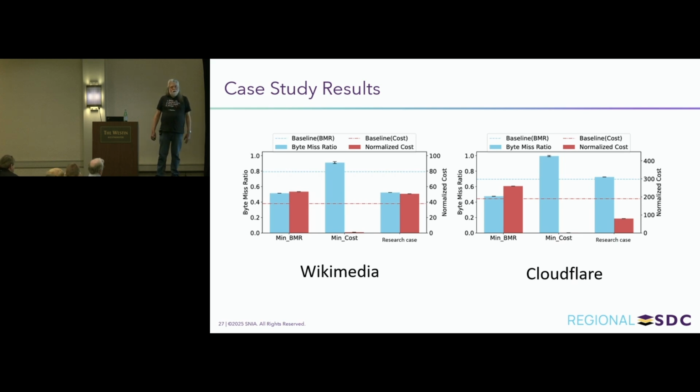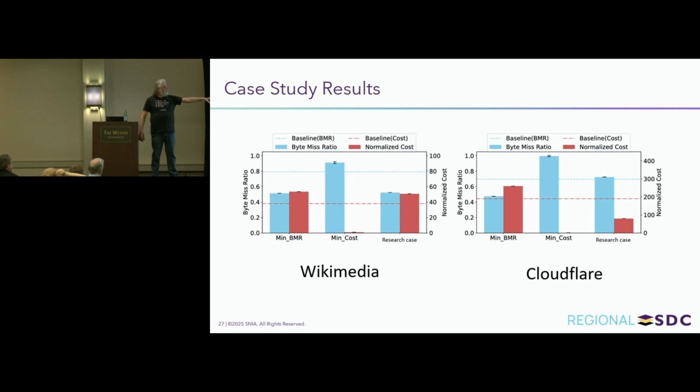And then this was done by a grad student, and she was trying to come up with what would be an ideal use case, and that was what's labeled the research case here. And you can see in the research case, the cost came down a little bit for Wikimedia, and we only had a little bit worse byte miss ratio, but we're still way below the baseline of what they had.